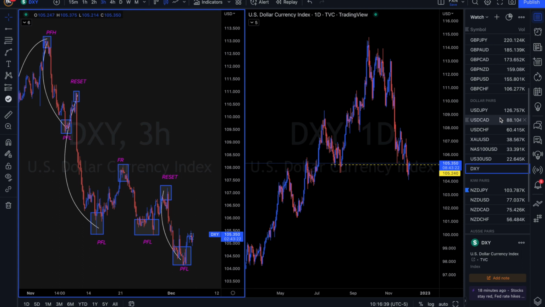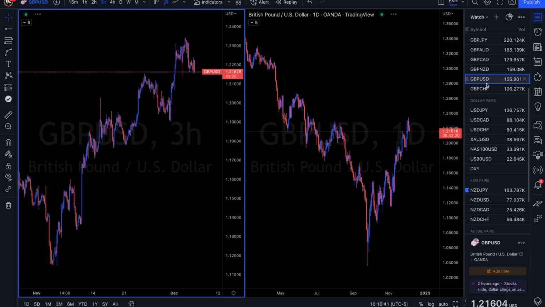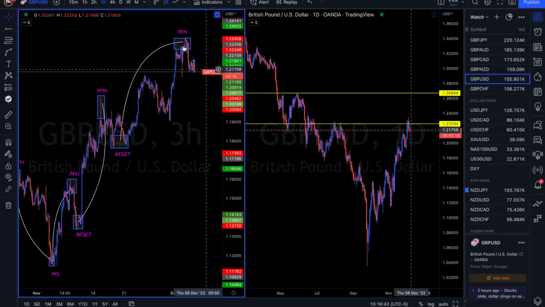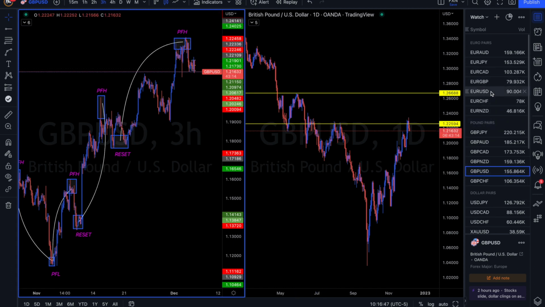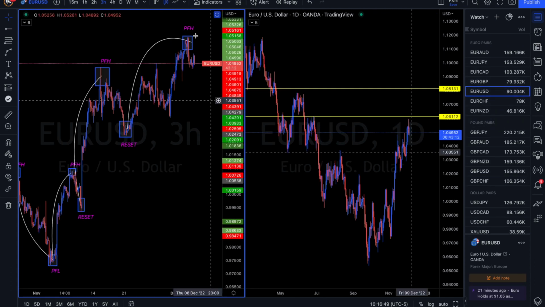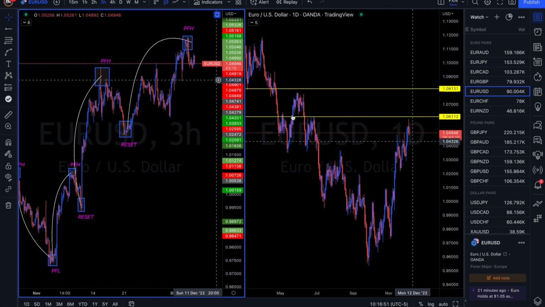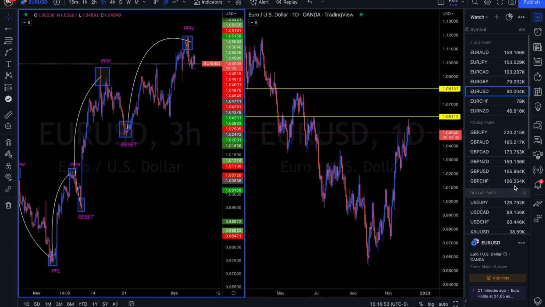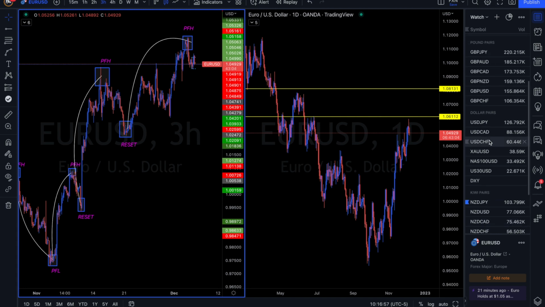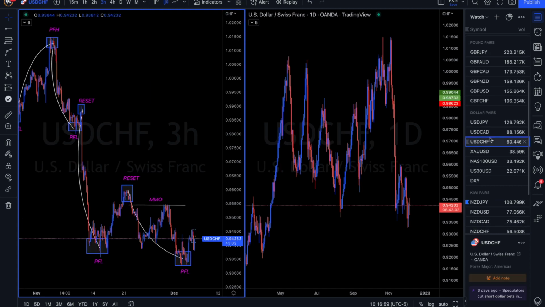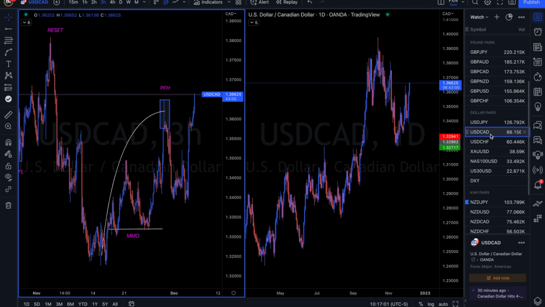You could see the other dollar pairs like pound USD coming off a brand new peak formation. You could see also euro USD, same thing, coming off a brand new peak formation. So all of these USD pairs are coming off of either brand new peak formation lows or brand new peak formation highs, one of the two.